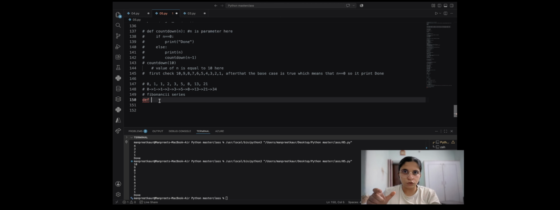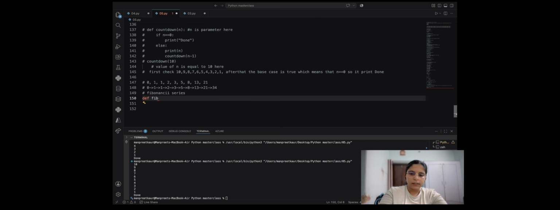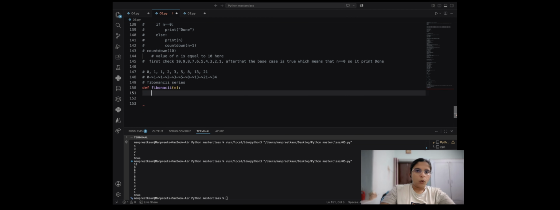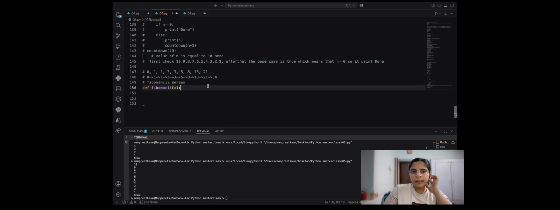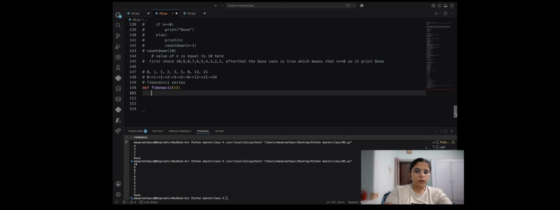Now we are going to write the name of the function, and n is the parameter here.